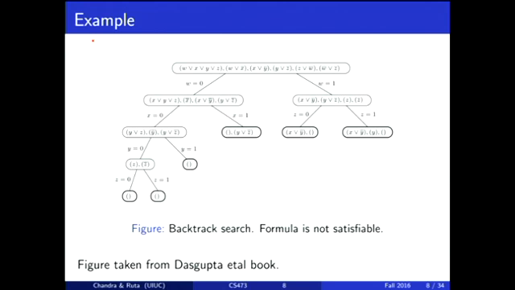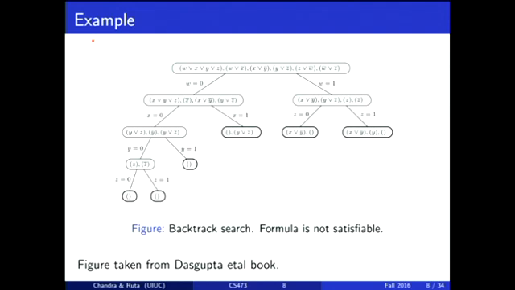So this formula is satisfiable with w equal to 0 if and only if the simpler formula is satisfied. Now we recursively check whether this formula is satisfiable. If it is, then we know the entire formula is satisfiable. If it is not, we don't know.